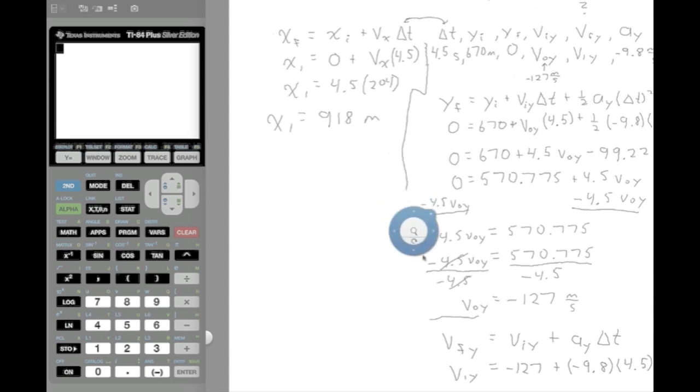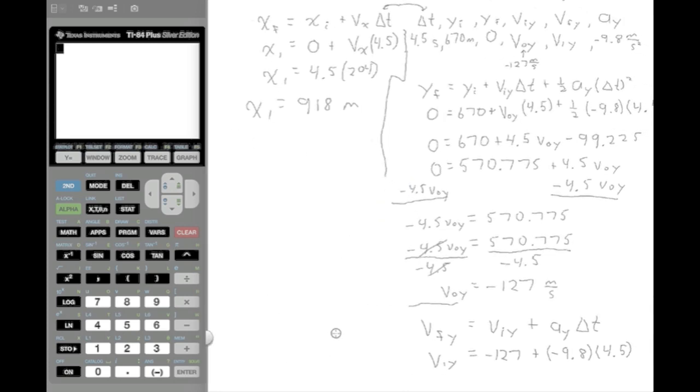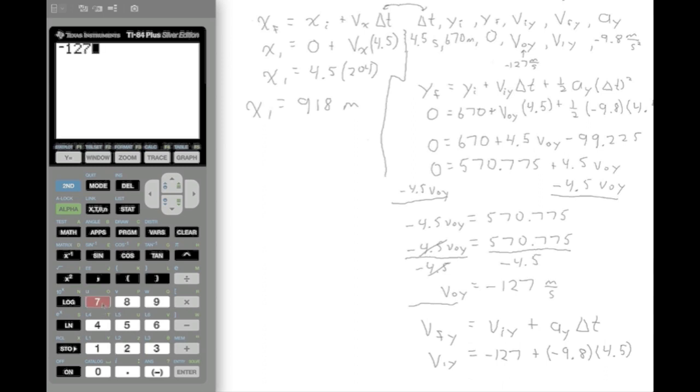We're ready to use our calculator. If we type the expression into the calculator just the same as it is on the page, we can do it in one step on the calculator. Negative 127 plus negative 9.8 times 4.5.